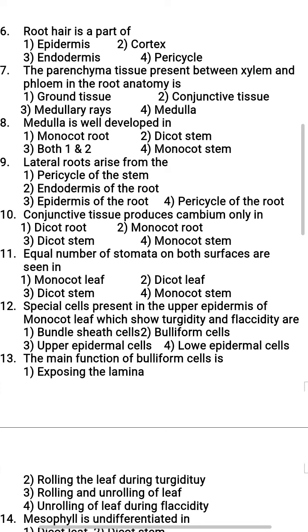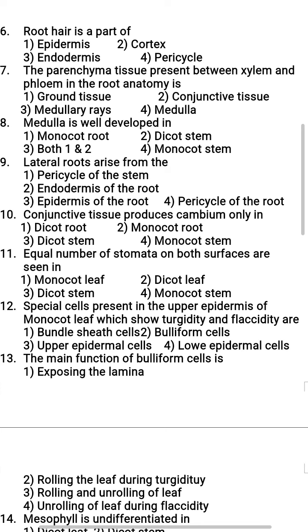It means on either side, upper epidermis and lower epidermis, upper epidermis is called adaxial epidermis, whereas lower epidermis called abaxial epidermis, has an equal number of stomata. So this is a significant characteristic which can be seen in monocots only, exclusively absent in dicots. Is it clear? Then let us move to 12th question.